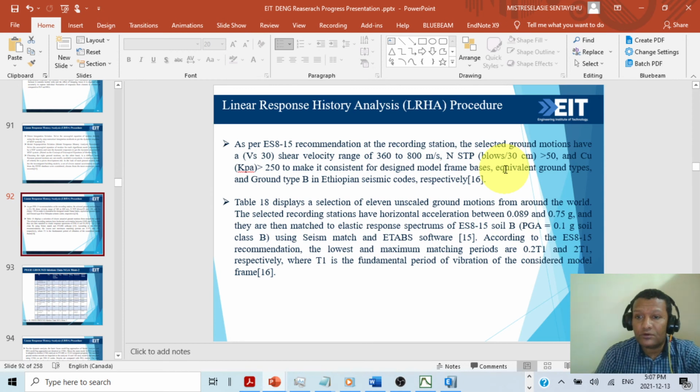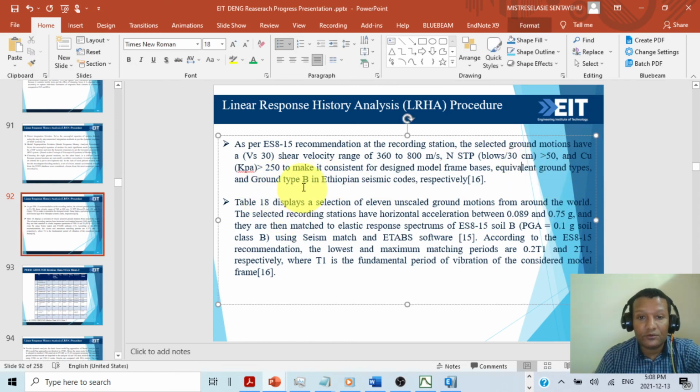The selected ground motions have shear wave velocity in the range of 360 to 800, and an SPT value greater than 50, to make it consistent for the designed model frame, because we use ground type B in the Ethiopian seismic code respectively.